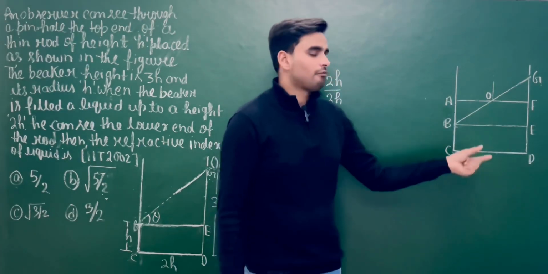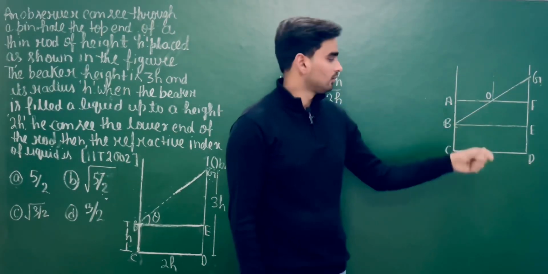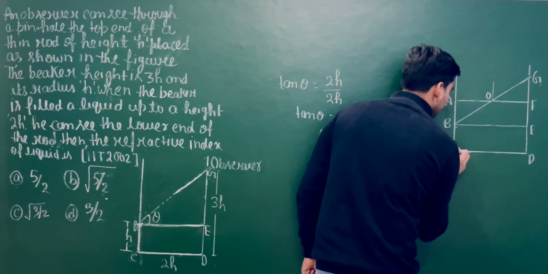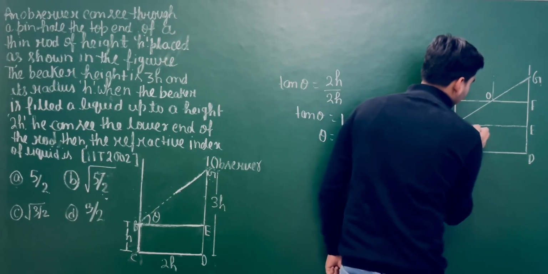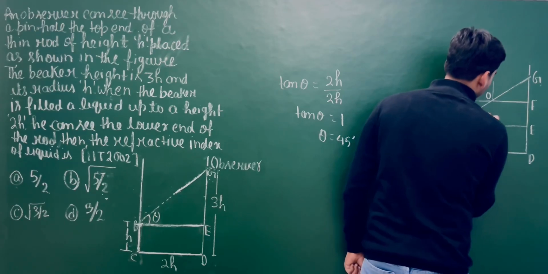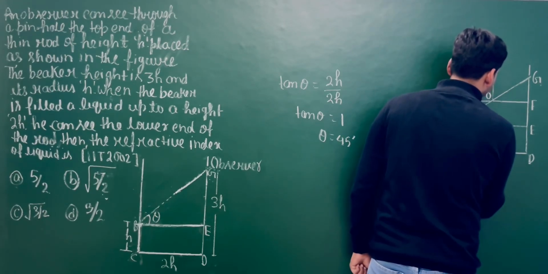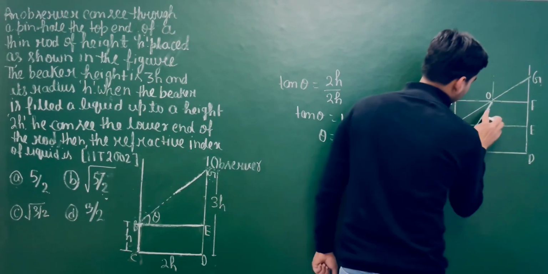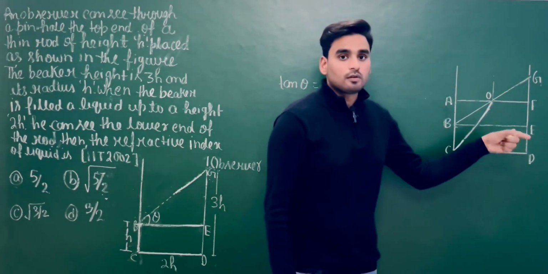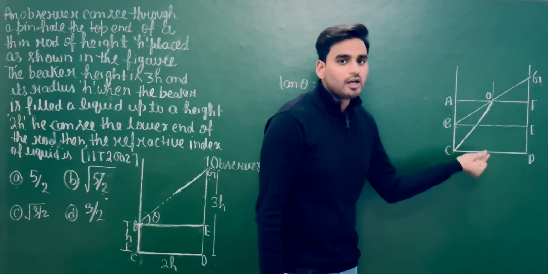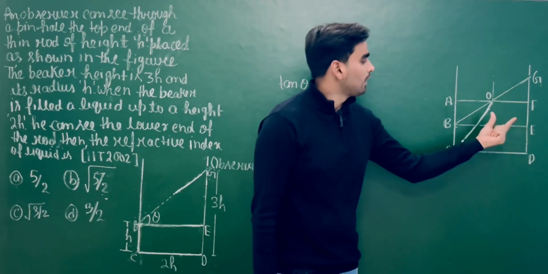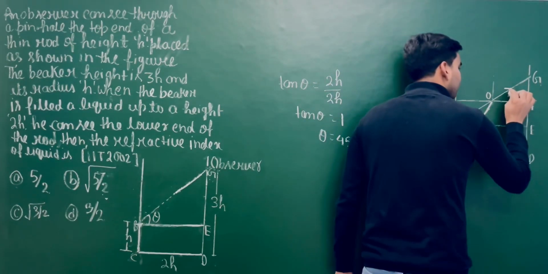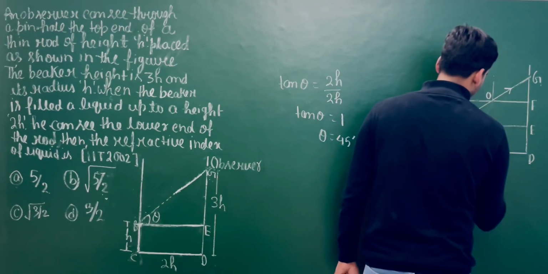Again, when liquid is filled in the beaker, the ray coming from the bottom of the beaker hits at this point O. Then, since the bottom end of the rod is visible for the observer when liquid is filled in the beaker, it must travel on this track after refraction.